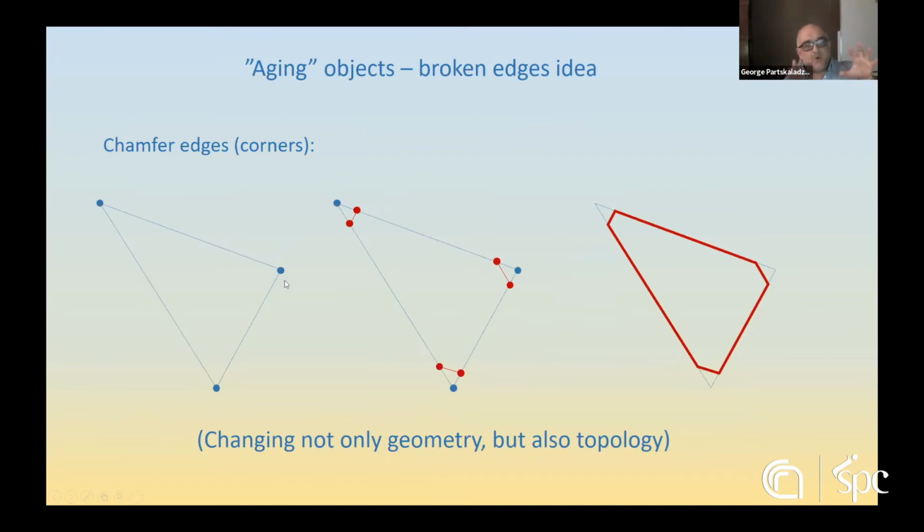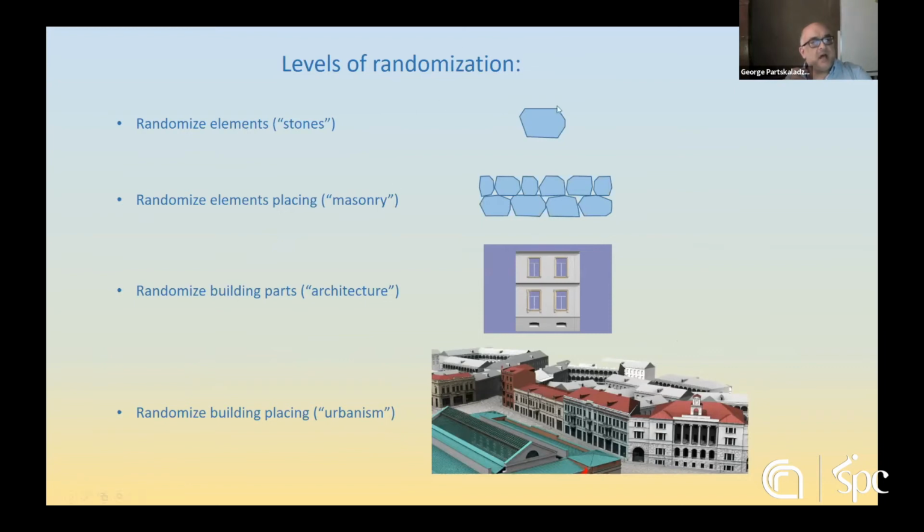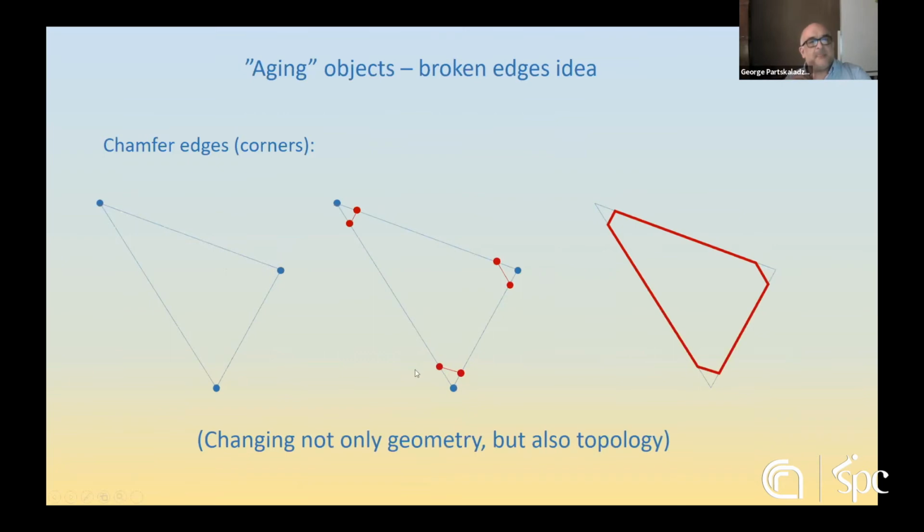Now I'm going a little bit deeper into this question. How can we age, for example, stones? With the help of very simple vector mathematics, we can, for example, change a triangular shape, its idea, only the idea, into a triangular shape with broken edges.